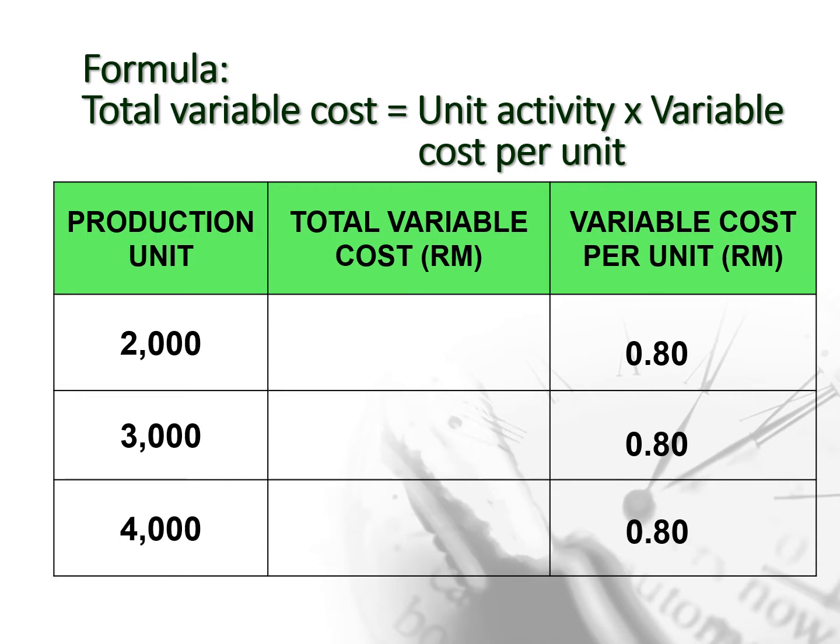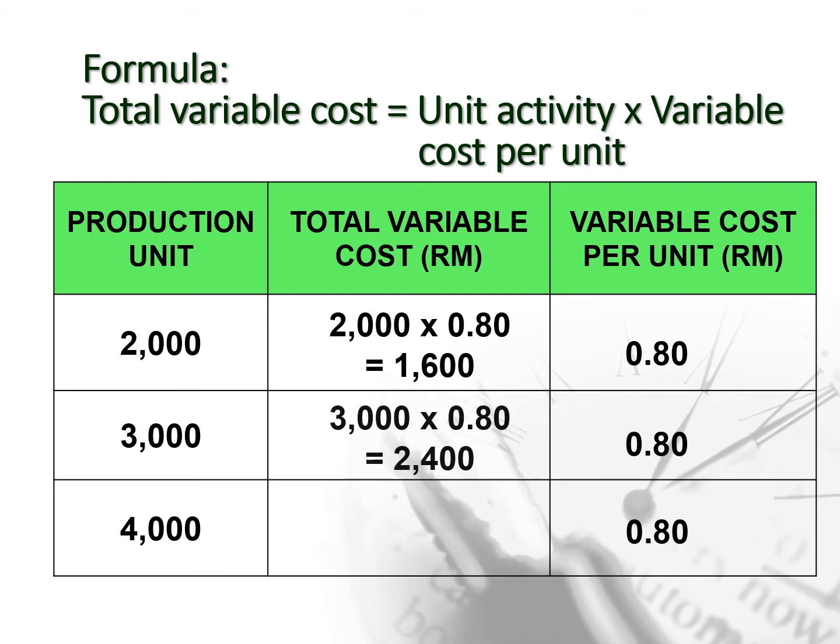So we calculate the total variable cost for production unit 2000. 2000 units times 80 cents equals 1600. For production unit 3000, 3000 units times 80 cents equals 2400.